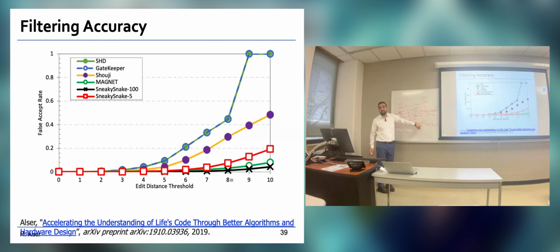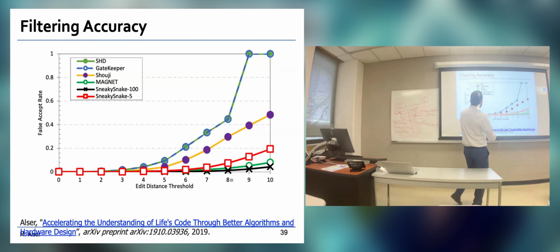Of course, we cannot have 0 false positive, because otherwise it will be a perfect edit distance algorithm. Now we have here SSD, Gatekeeper, Shouji, Magnet, and Sneaky Snake. We have 2 configurations for Sneaky Snake, but forget about them. This is a detail you can find in the paper, but this is not the main point here.